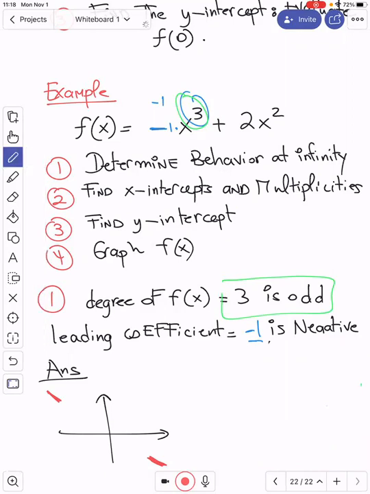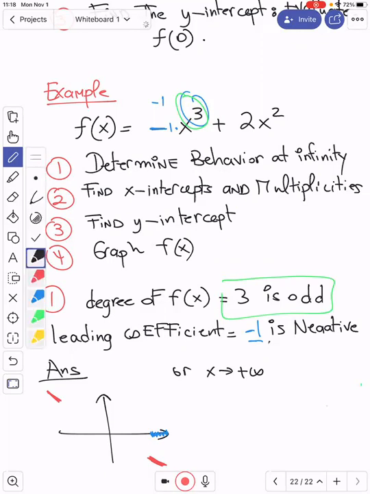Or instead of the graph, you can say, if x approaches positive infinity, then y approaches negative infinity, right?